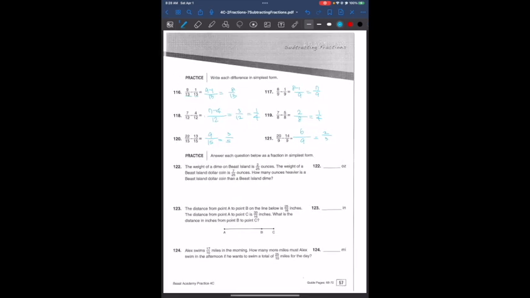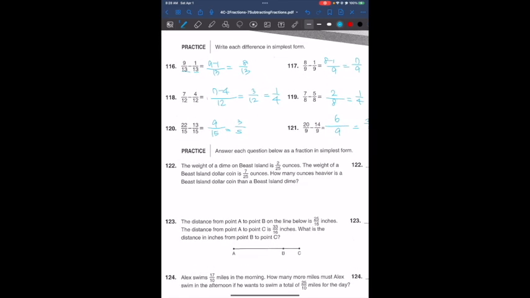And so we have some practice problems. It says the weight of a dime on Beast Island is 2 over 25 ounces. The weight of a Beast Island dollar coin is 7 over 25 ounces. How many ounces heavier is a Beast Island dollar coin than a Beast Island dime?